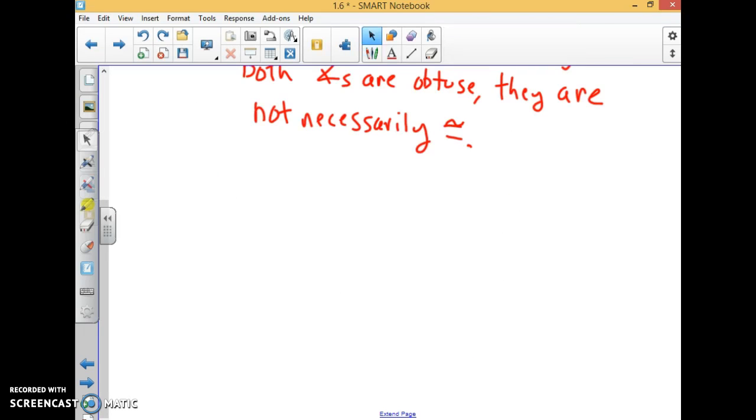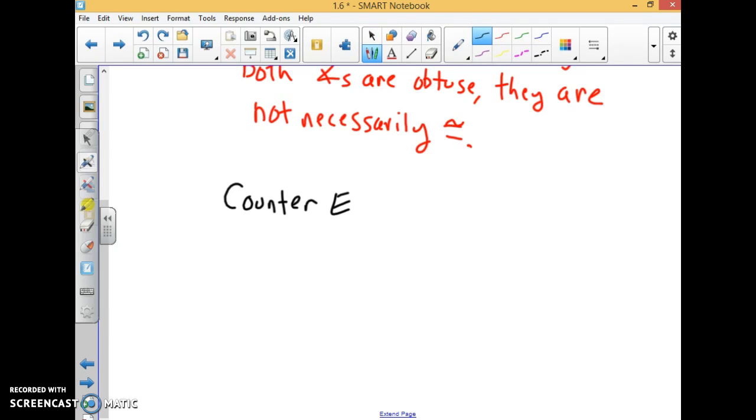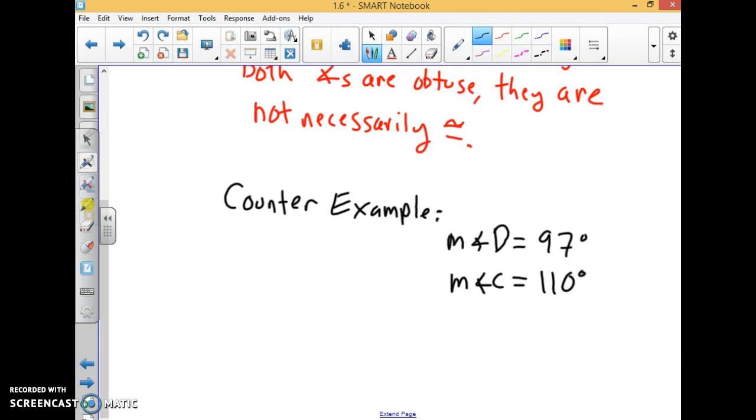So we should state that we are showing a counterexample, and all we need is one counterexample. So let's say the measure of angle D was 97 degrees, and the measure of angle C was 110 degrees. That's a counterexample that fits our conditions above, yet it is clear that angle D is not congruent to angle C. So our counterexample shows that you can't prove the angles are congruent.